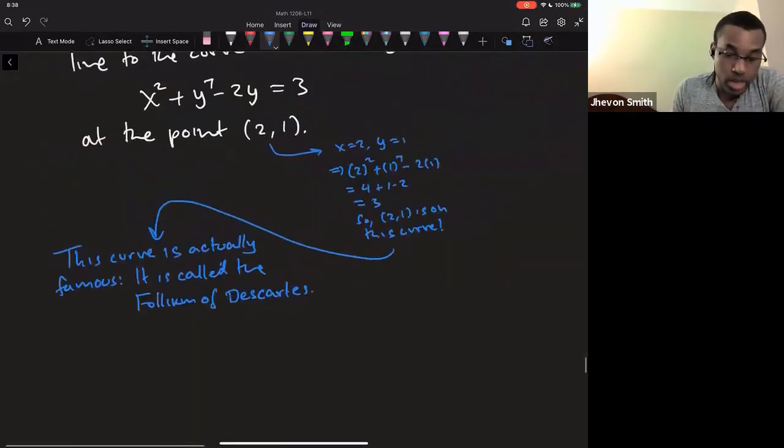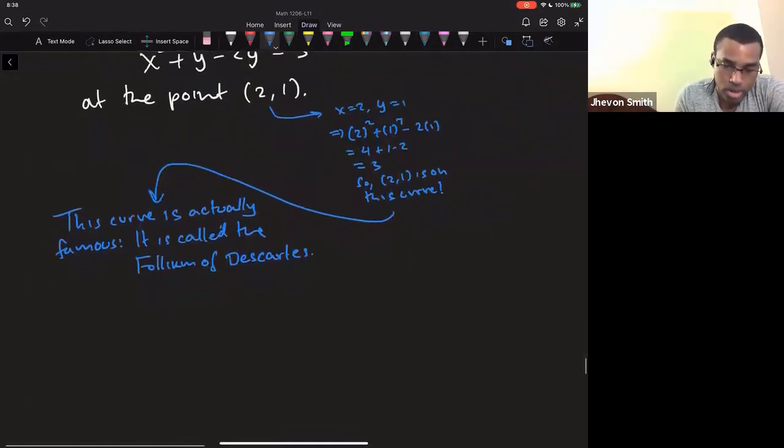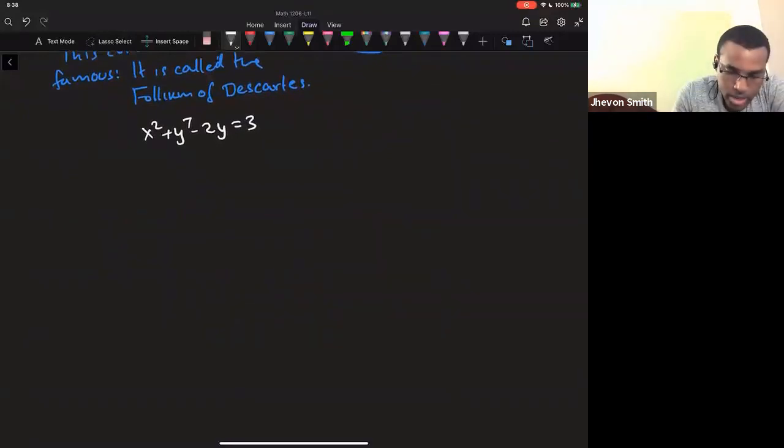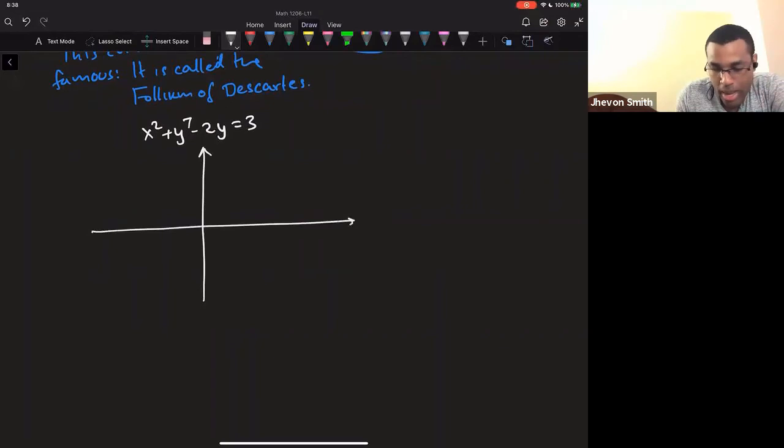But it's actually a very famous curve. So x squared plus y to the 7th minus 2y equals 3 was a curve that this dude was studying. And when you see its graph, you're going to realize why it was hard to even solve for y. So it looks like this.